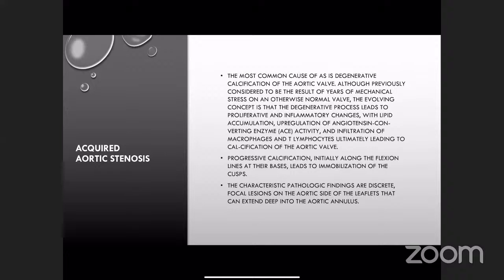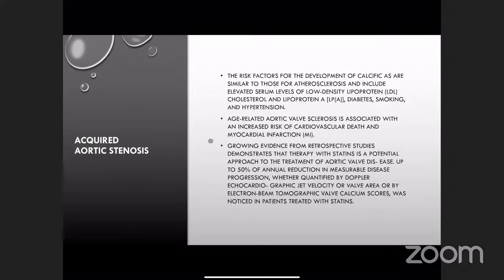Progressive calcification, initially along the flexion lines at their bases, leads to immobilization of the cusp. The characteristic pathologic findings are discrete focal lesions on the aortic side of the leaflets that can extend deep into the aortic annulus.